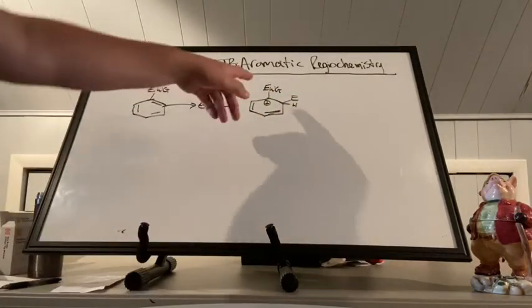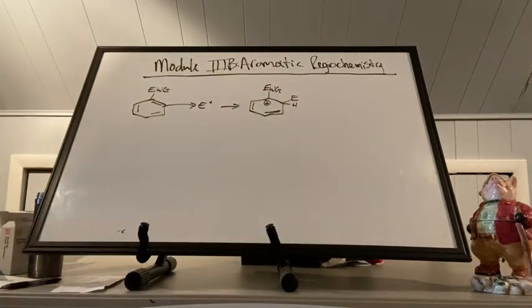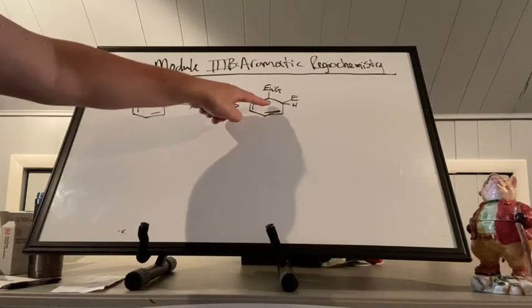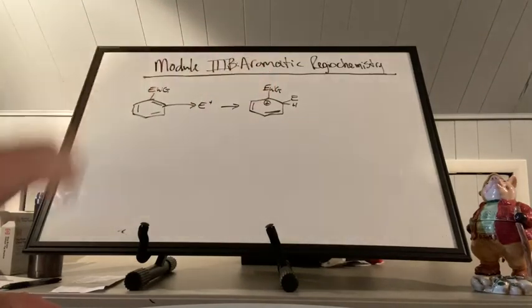Okay, so the main problem here with having the electrophile right there at the 2 position, or the ortho position, is that that positive charge is laying right at the carbon where the electron withdrawing group is attached.